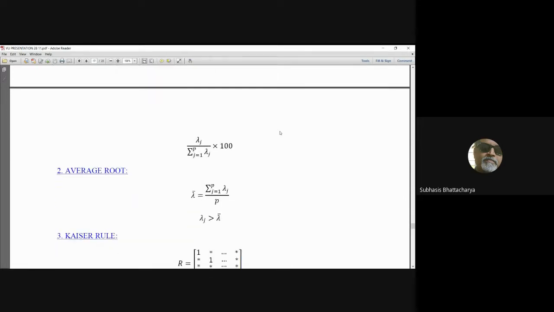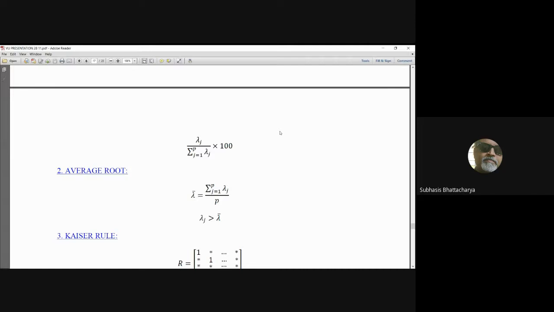The second one is the average root. When you get the lambdas, then take the average of the lambdas. When there are p variables in a matrix, you get p components, but they are arranged in terms of their variability.